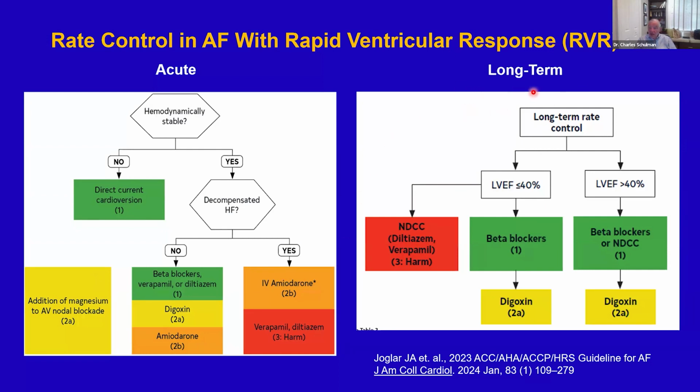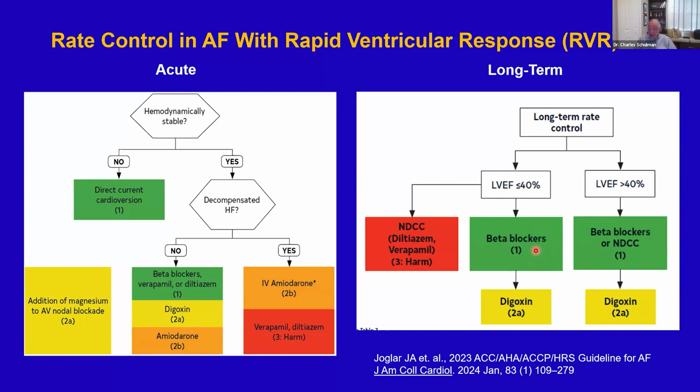For long-term rate control, it depends on left ventricular ejection fraction. Okay. If the ejection fraction is less than 40, stay away from diltiazem and verapamil. Beta blockers have the class 1 indication.